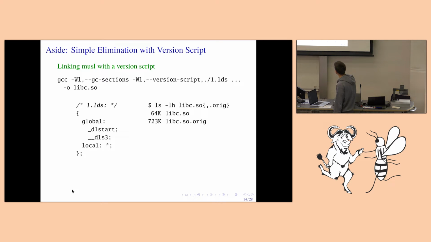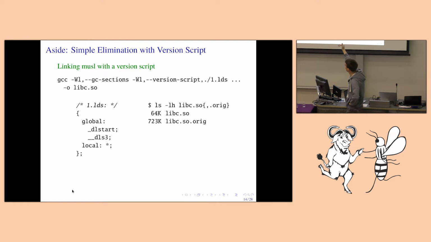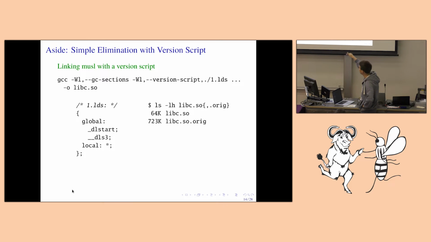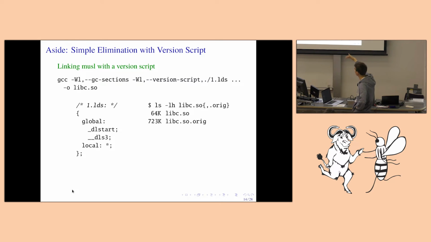And now for the third step. First, people familiar with linker scripts probably know that you can hide symbols by supplying a linker script which would make them local. In this linker script, only two symbols are not hidden, the _dl_start and _dls3, and all the rest of them are hidden.